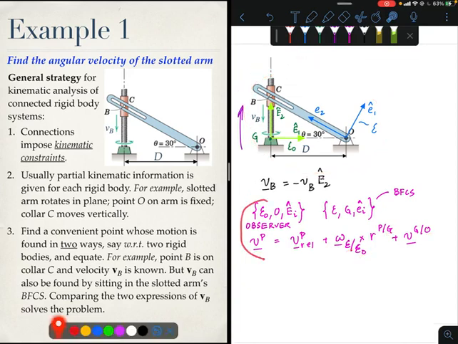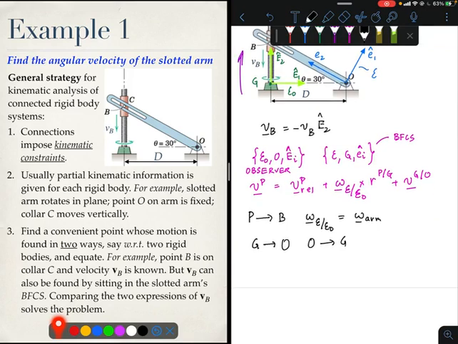So when we compare this formula with this picture, it is clear that the point P is really B. The angular velocity of E with respect to E0 is really the angular velocity of the slotted arm, omega arm. The point G is O and O is G, so they have been swapped in the picture.